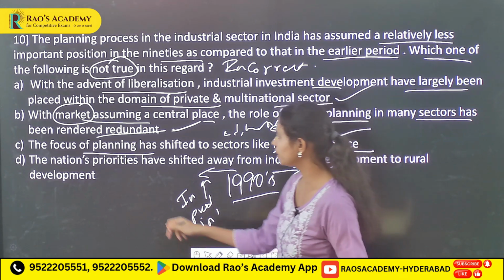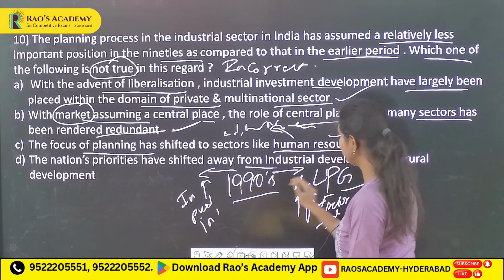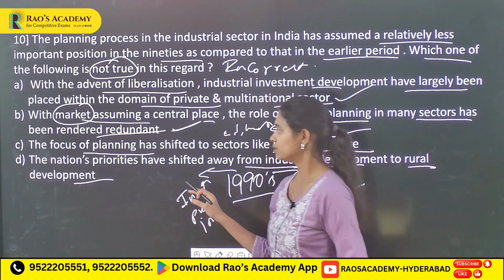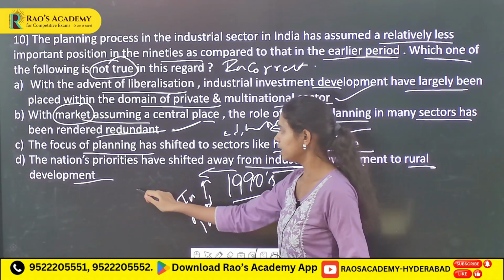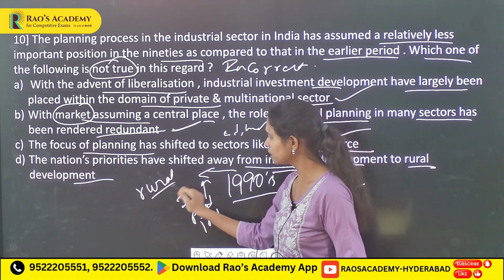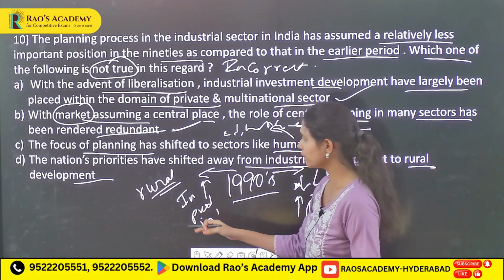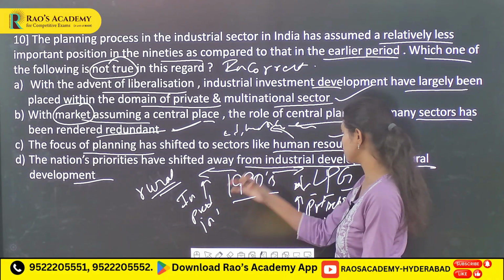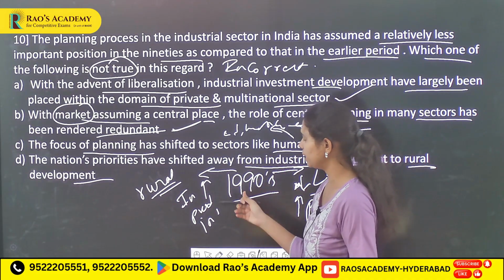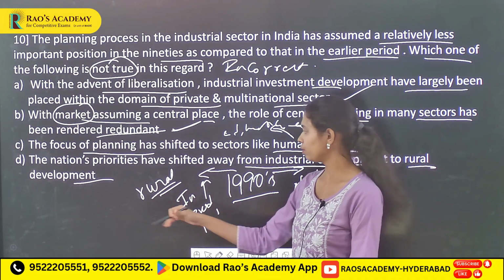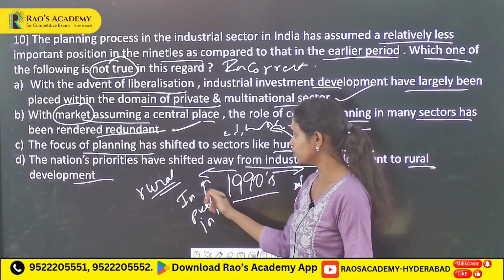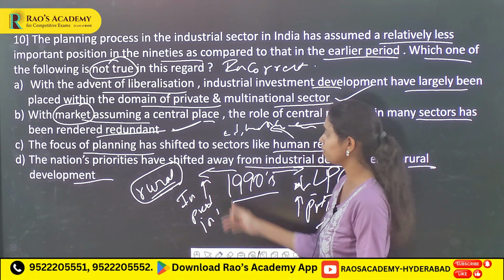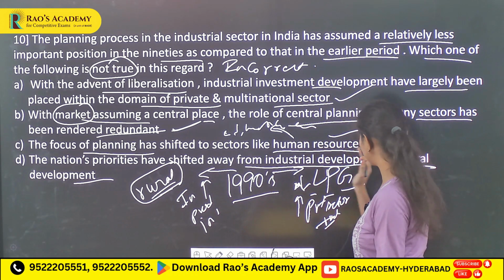Then followed by, the nation's priority has shifted away from industrial development to rural development. If you see this particular statement closely, the government was focusing on rural development before as well as after. The government has not shifted away from industrial development to rural development. Industrial development has been present before and later also, and rural development is also present, but it has been given that the nation's priority has shifted away from industrial development to rural development.